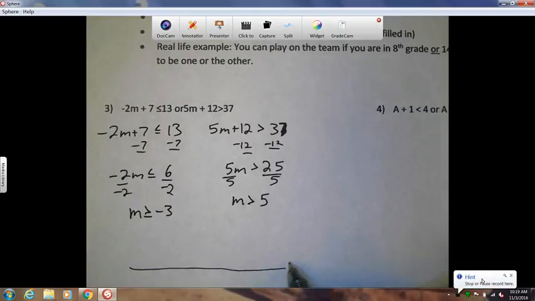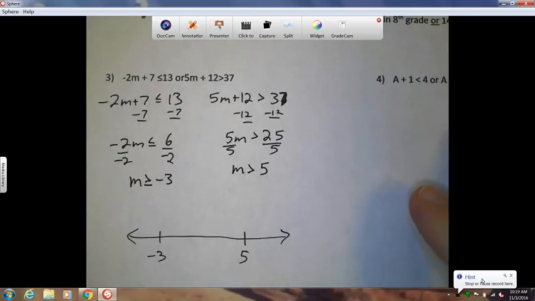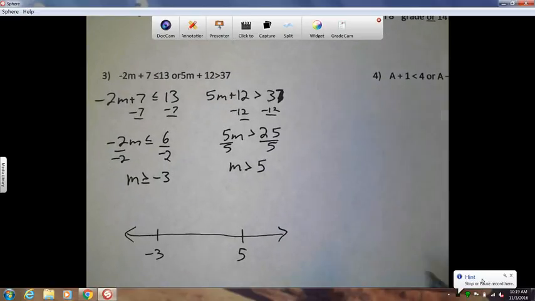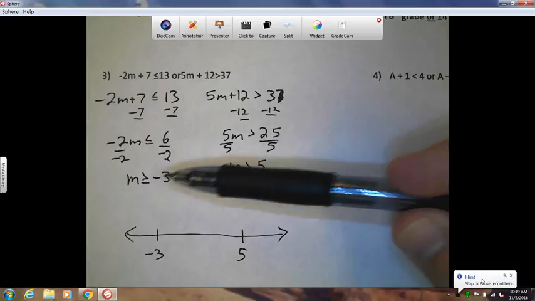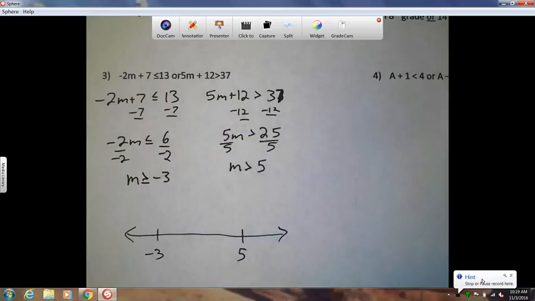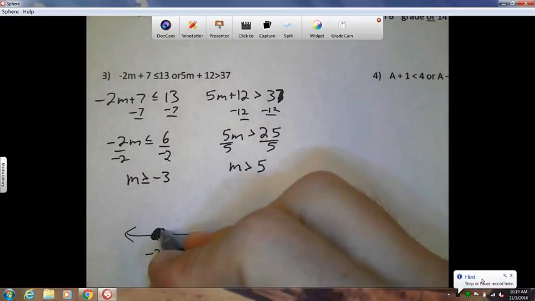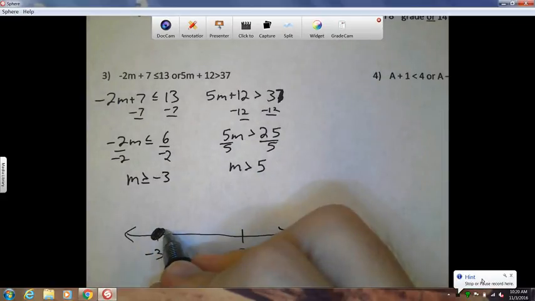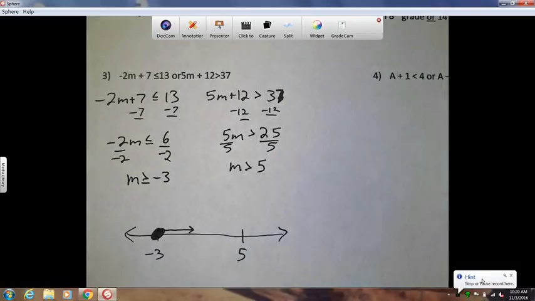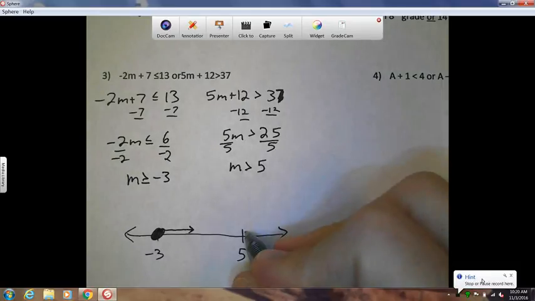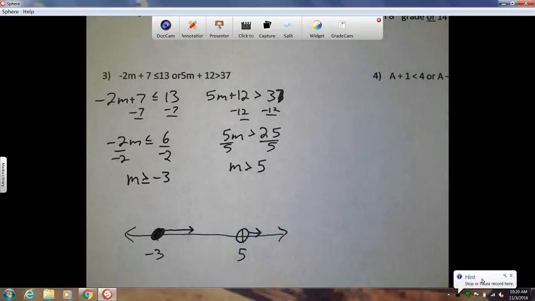Okay, so those are my two inequalities to graph. If you struggle graphing these, just graph one at a time. Forget about looking at the other one. So I'm just doing m is greater than negative 3 or equal to. It can be equal to. So it goes like this. Greater than 5 looks like this. Sometimes, this is not the common one, but sometimes you get where both of them are pointing in the same direction.